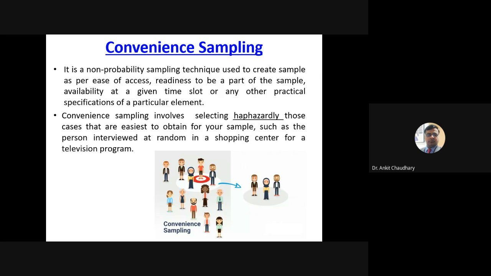Convenience sampling is non-probability sampling, and it is mostly based on your choice: the ease of access, the readiness of the data, how much time it will take, the time slot, how much time you have, and any other practical scenario.